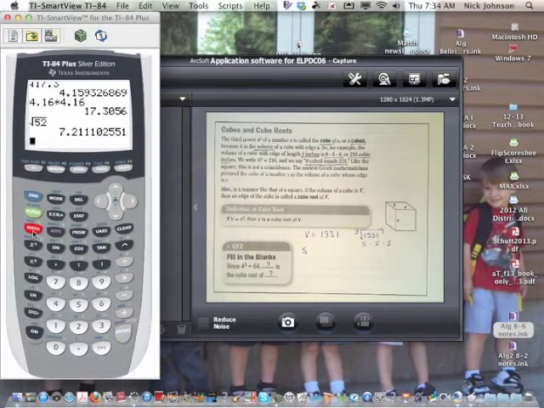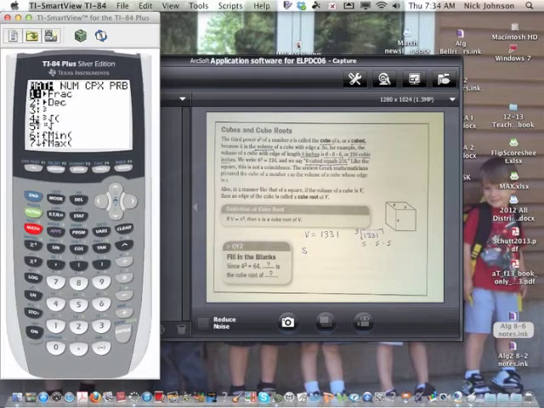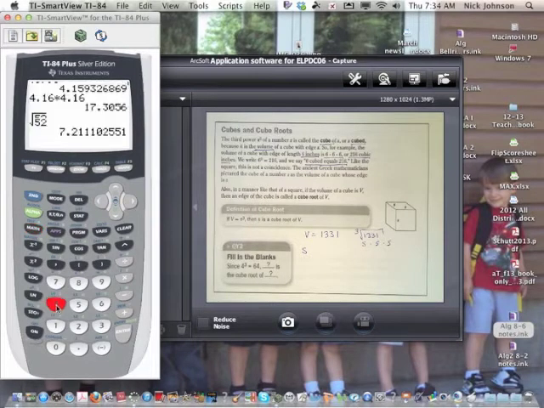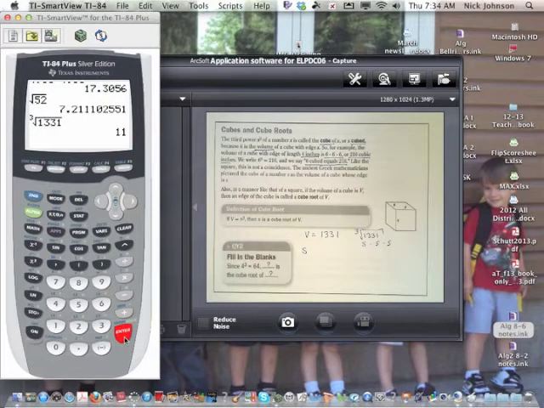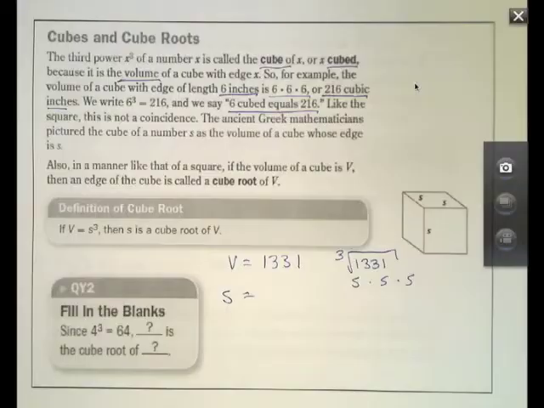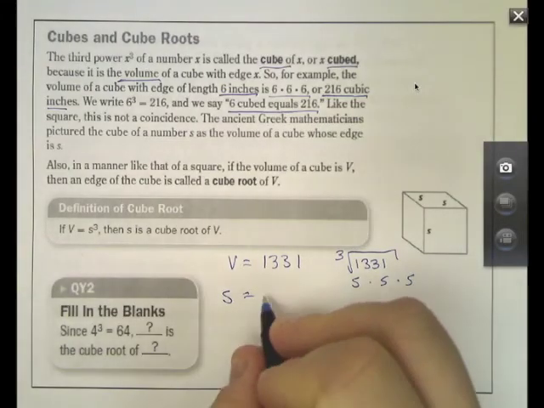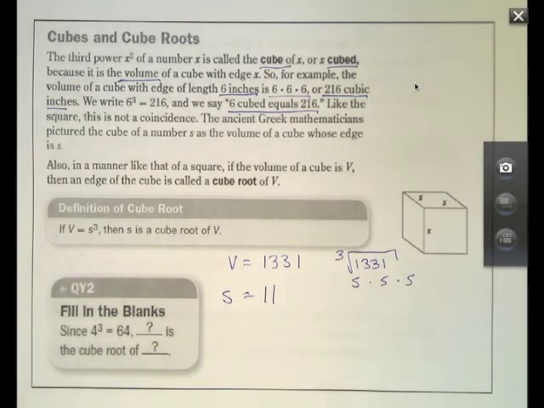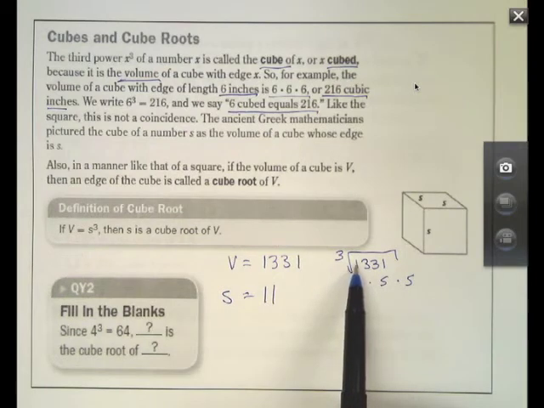Well, if you did this on your calculator, because not always are we going to know this, to find your cube root, you got to go to math, and it's the number 4. So the cube root of 1,331 equals 11.